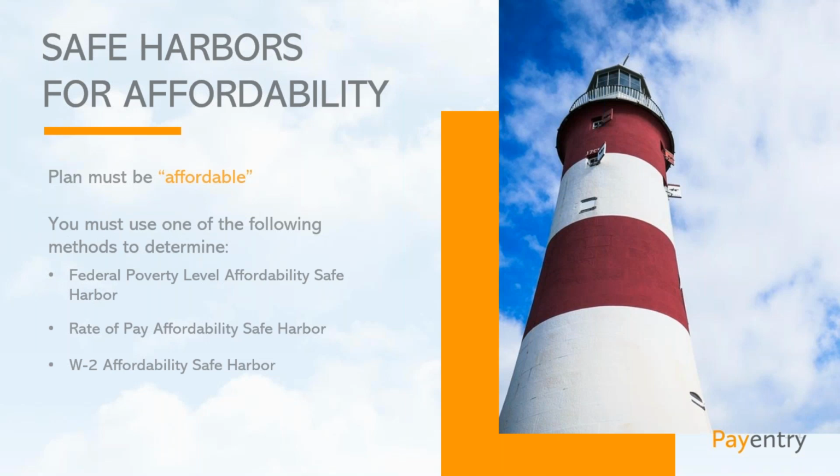We talked a little bit about the federal poverty level safe harbor. We're going to talk about that one again. There is also one called the rate of pay affordability safe harbor, and then there's a W-2 safe harbor. So let's look at each one of these.